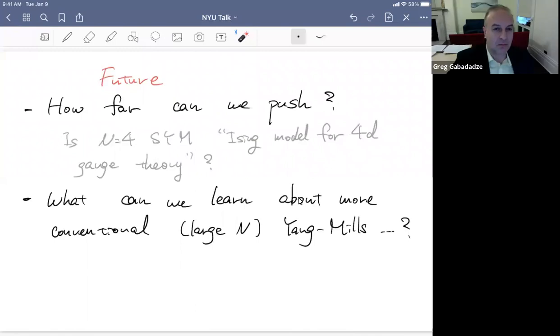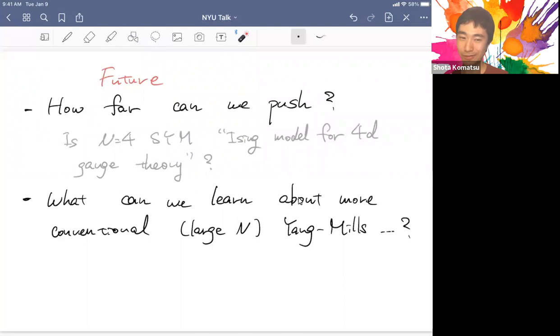Well, first of all, there is a known example of an integrable Yang-Mills theory with less supersymmetry, which is called the beta deformation of N=4 super Yang-Mills, which has N=1 supersymmetry. But that's not super interesting because that's again conformal. So the dynamics is more or less the same as N=4 super Yang-Mills.